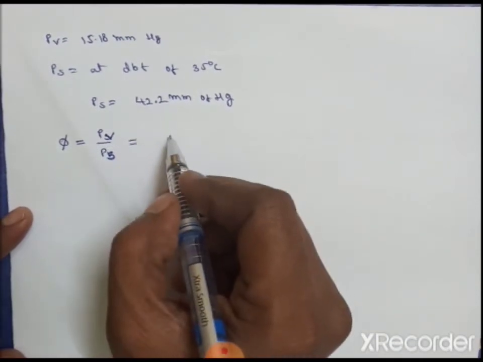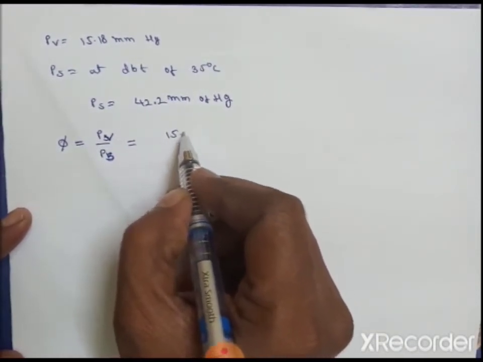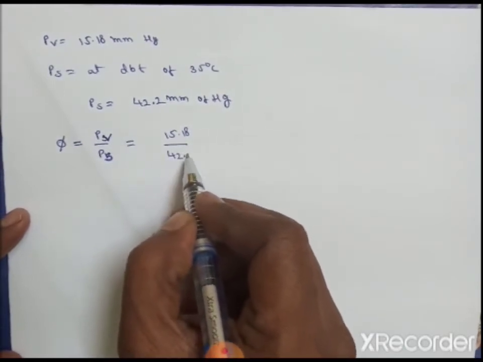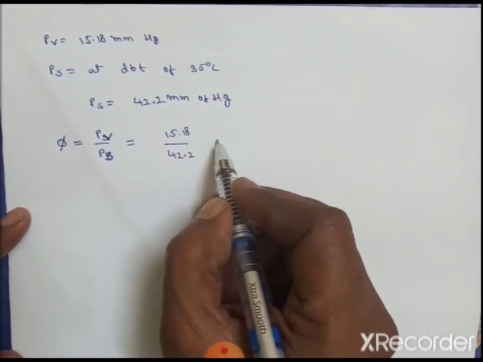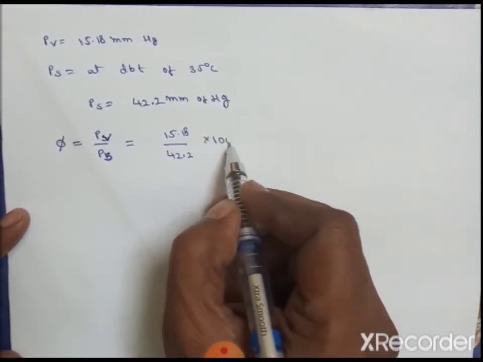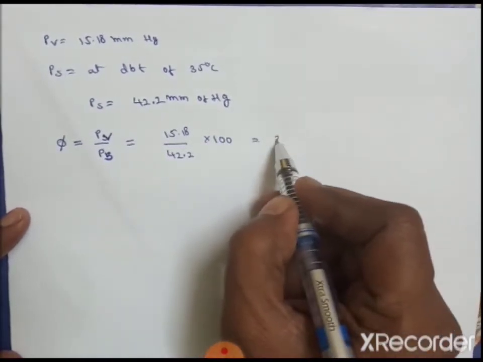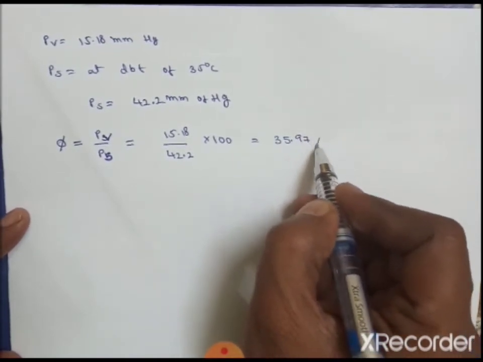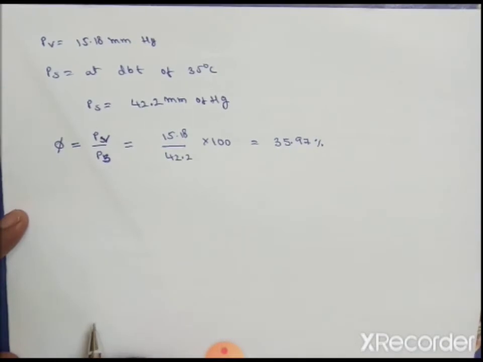So the PV value is 15.18 divided by 42.2, in terms of percentage. From the calculation, that is equal to 35.97, which is the percentage of the relative humidity.